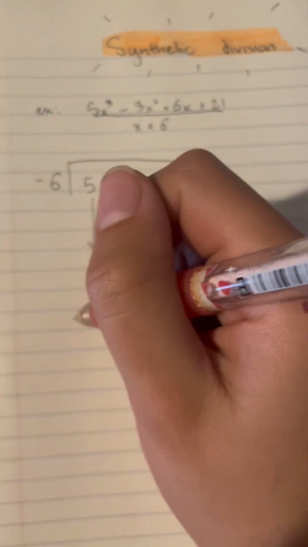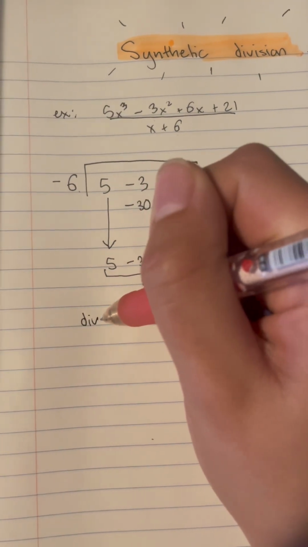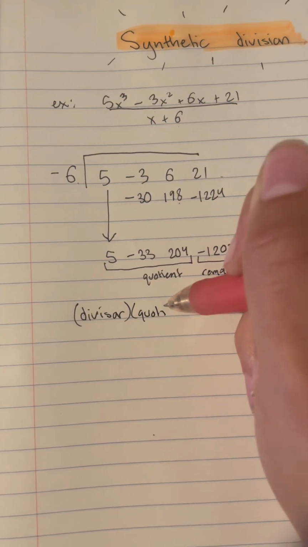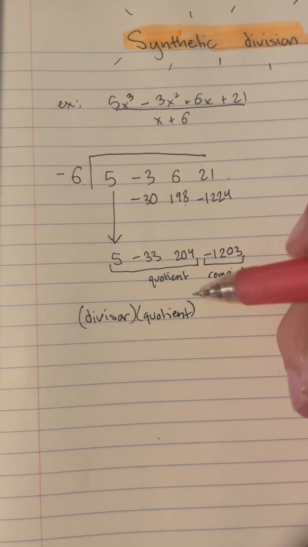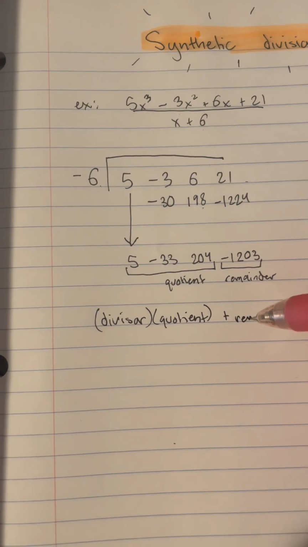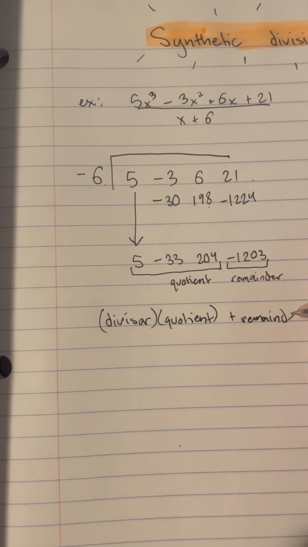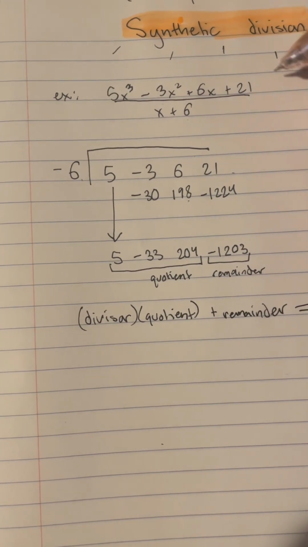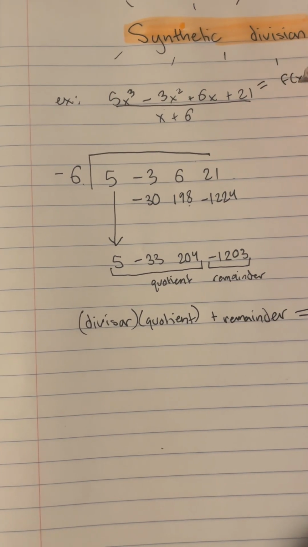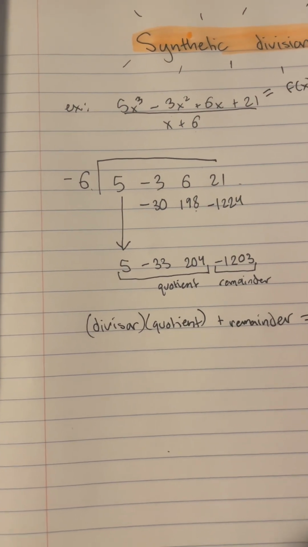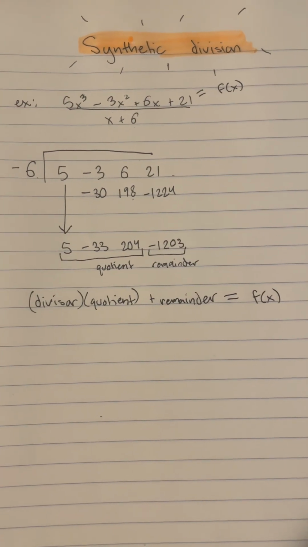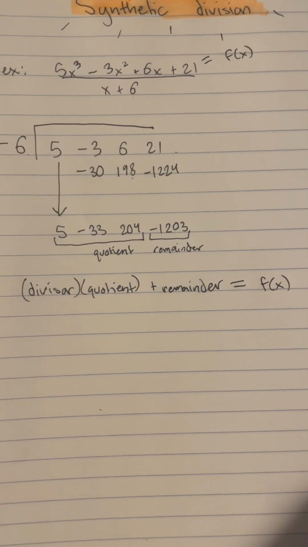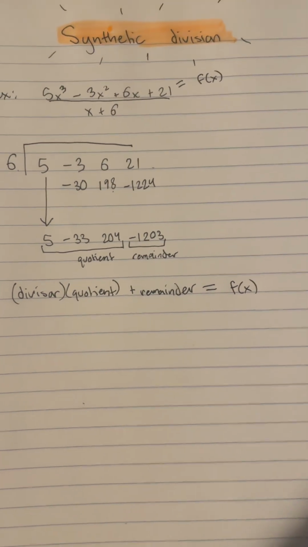So divisor times quotient plus remainder is equal to, why don't we just call this numerator f of x? So this should make some sense, right? It's kind of basic laws of division.